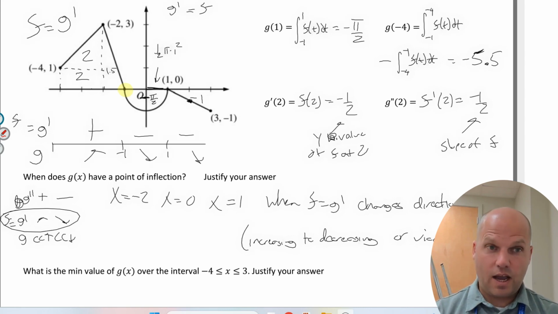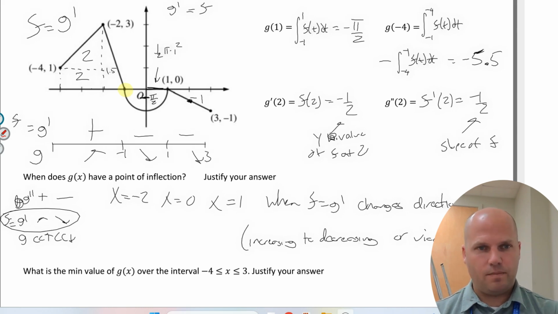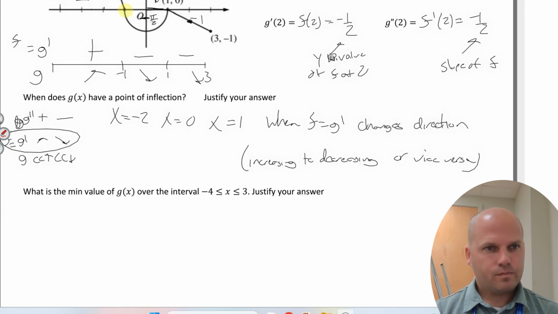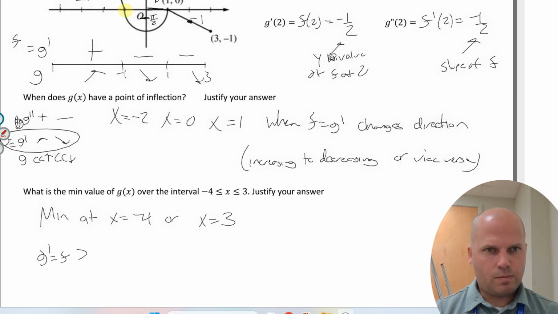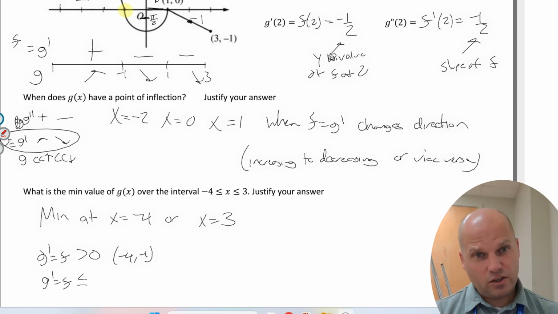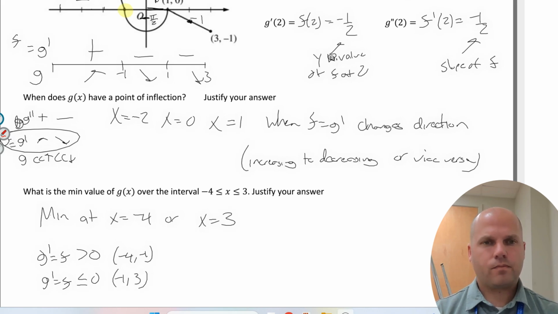The min is either at -4 or at 3. Why? Because g prime, which equals f, is positive from -4 to -1, and g prime, which equals f, is less than or equal to 0 from -1 to 3.